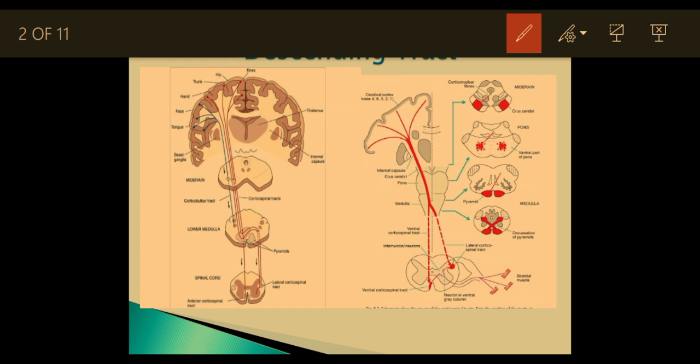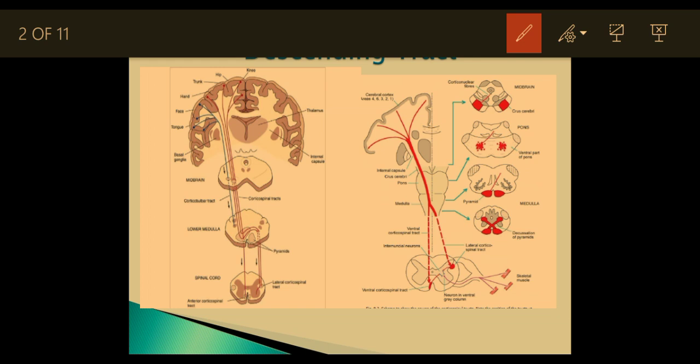So those specific fibers which originate from the higher center and then terminate in one common termination nuclei, that pathway or channel specified for conveying the motor impulse is called a descending tract.